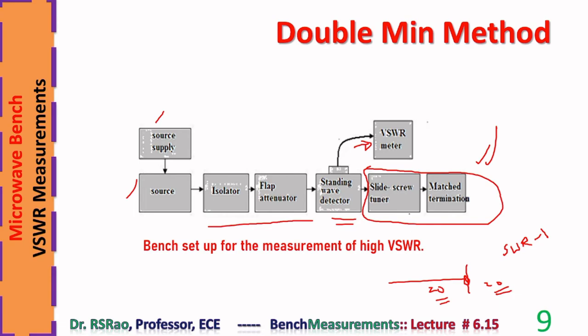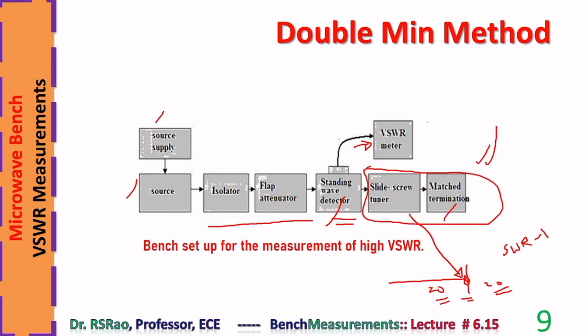The slide screw tuner is the one which plays the role of the inserted impedance in the present description. This is the line, this is the characteristic impedance, the matched termination. If the slide screw tuner is not there, there is no reflected wave and no standing wave pattern.